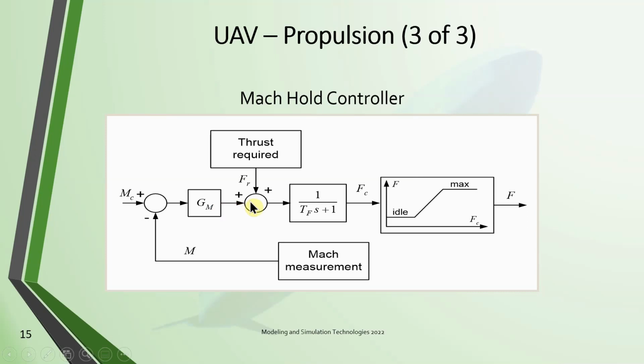Then we add to it the thrust required based on the drag at that particular Mach number. Then it goes through a lag, which represents the spool up and spool down of the turbojet. And finally, it is limited to not exceed the max thrust required, or the idle, and out goes the thrust itself.